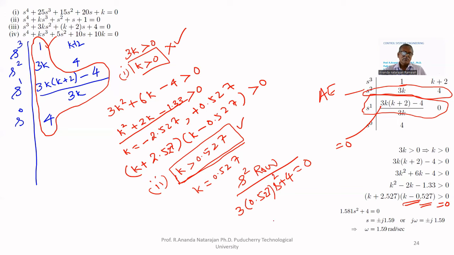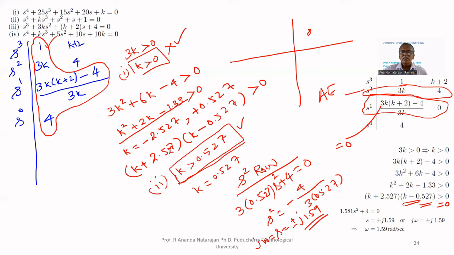If you substitute that, s square equal to minus 4 upon 3.527. If you find s, that is j omega, s equal to plus or minus j 1.59. So the poles are on the j omega axis.